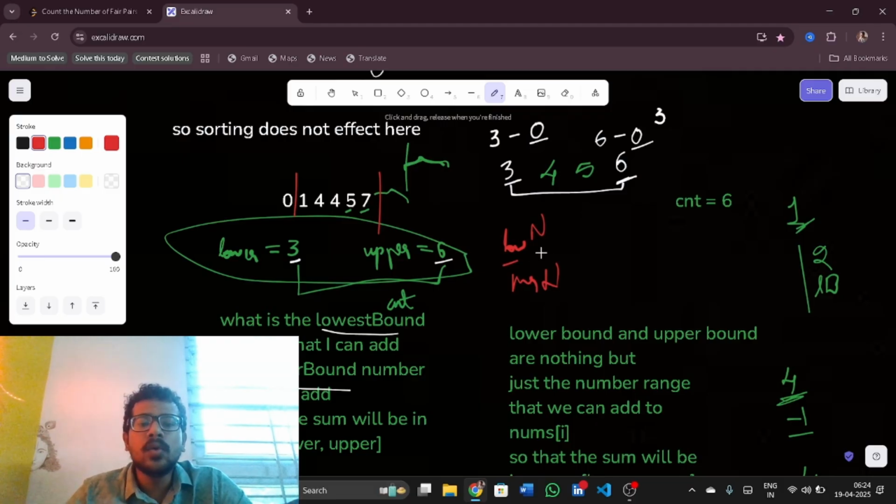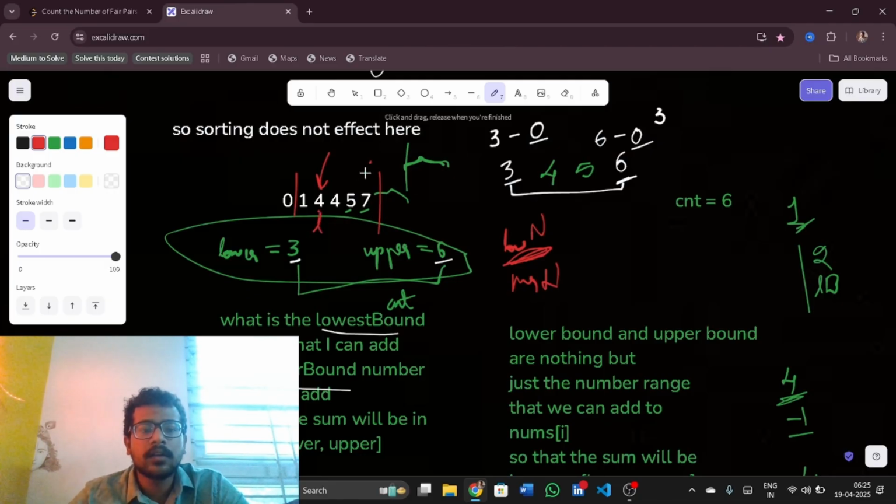Now lowest number, binary search, right? Binary search will do something like, okay, 1 is not in the range, go to the next element, 4 which is in the range, okay, this is my lowest number.